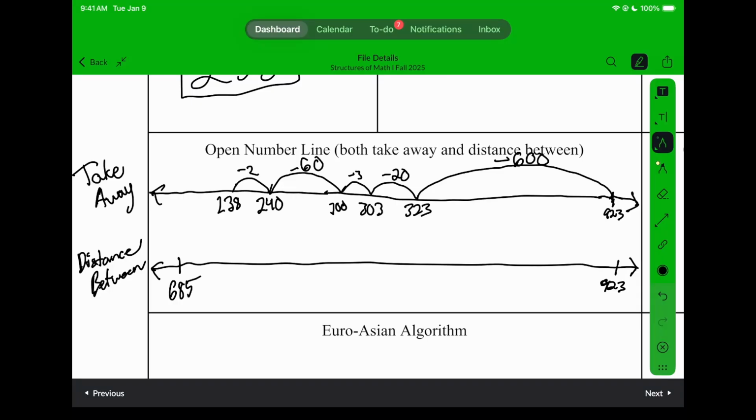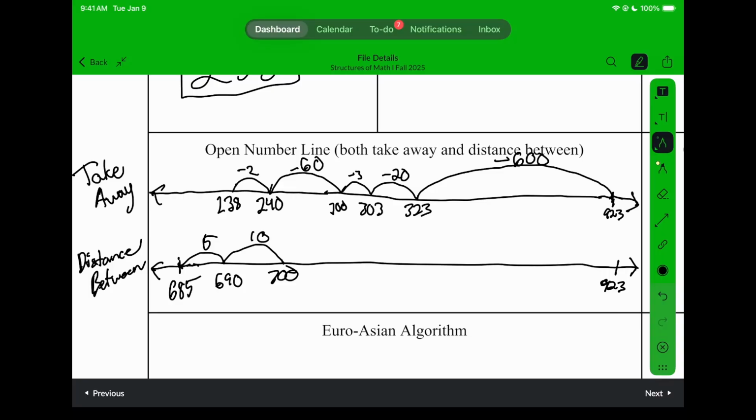So starting with 685, what we can do is plus 5. Actually, you don't even have to put the pluses or the minuses. What we're going to do is we're just going to know the distance. So here we're going to get to 690. That's 5. Then 700, that's 10.